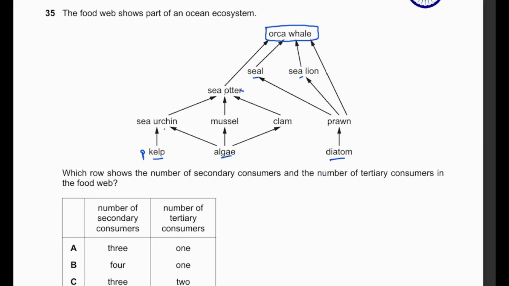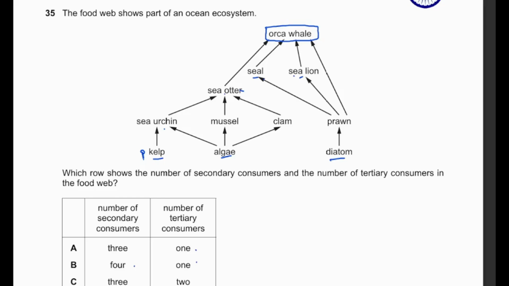Which one? Check out the food chain here. On the tertiary consumer, you have 1. So basically 1 means you have 2 options left, 3 and 4.